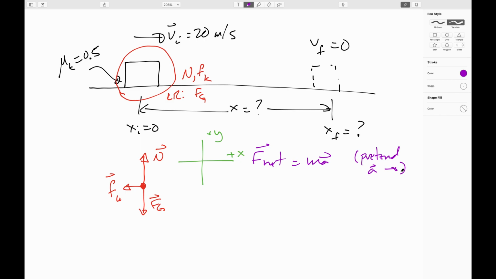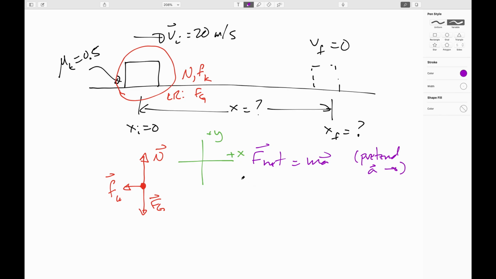But in a situation like this, if you get flustered by the signs, it's okay to just use your common sense and realize that when you plug into the kinematics relation, that better end up being a negative value that goes in. And if you got your signs turned around somewhere, that can be an easy fix to do later.